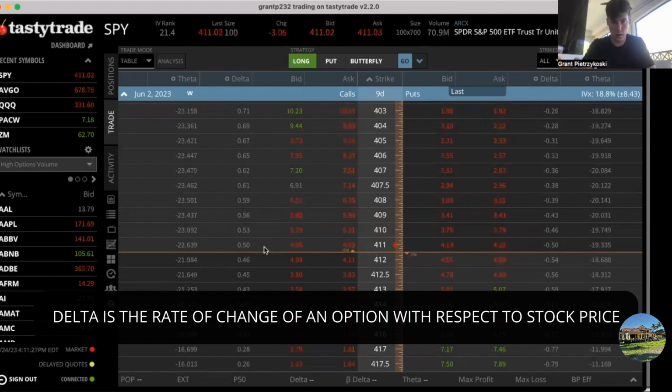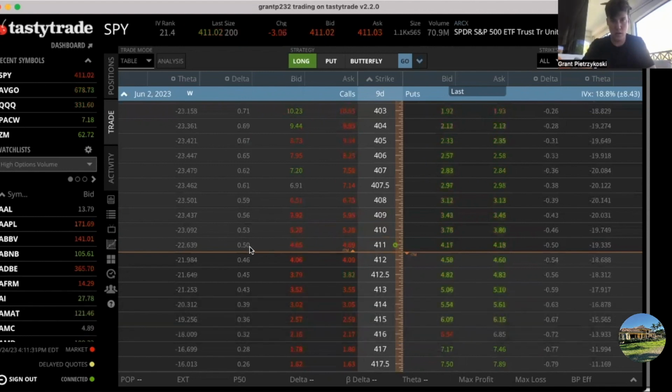So this 411 at the money call is going to move like it's 50 shares of the stock. I know we talked about how options are contracts for 100 shares, but here's another catch you need to know. This is only going to move like it's 50 shares. This is going to move like it's 53. This is going to move like it's 59.